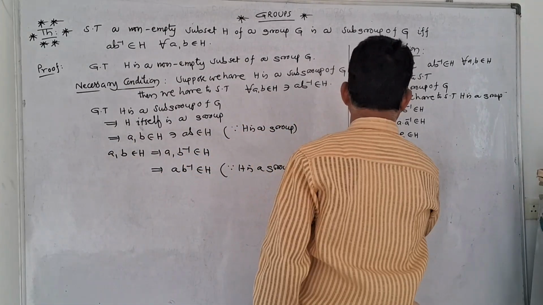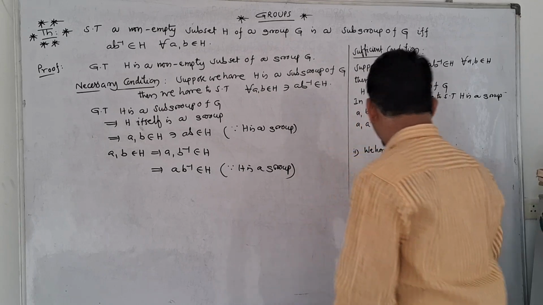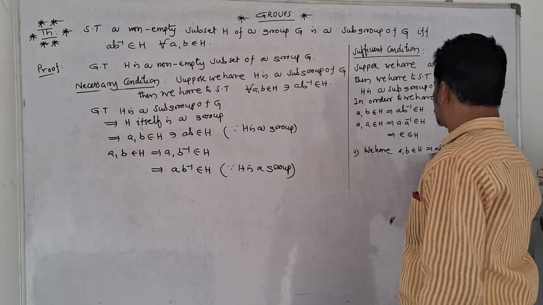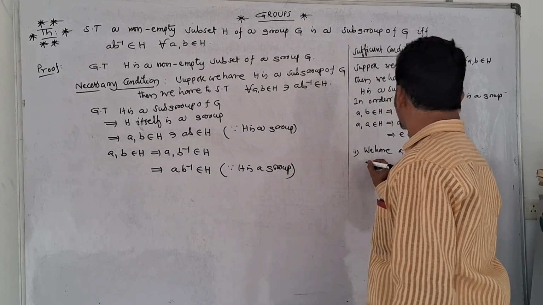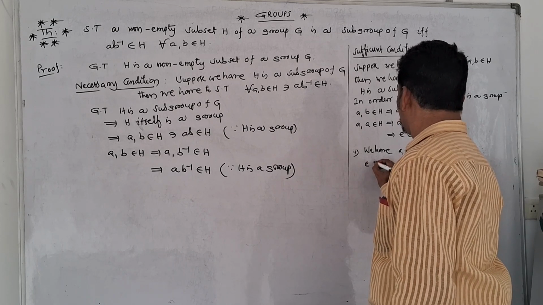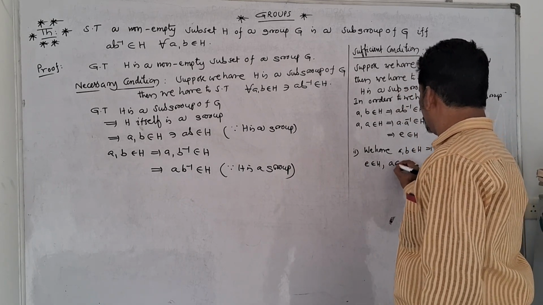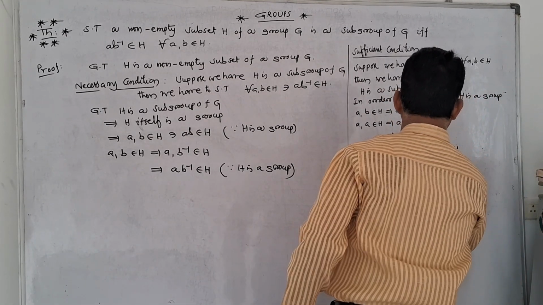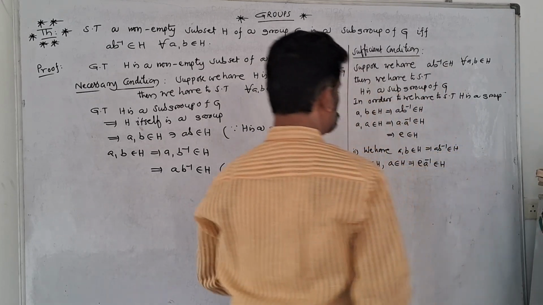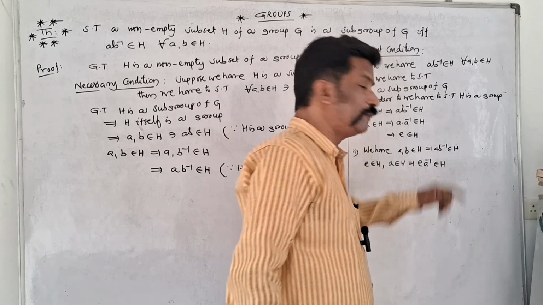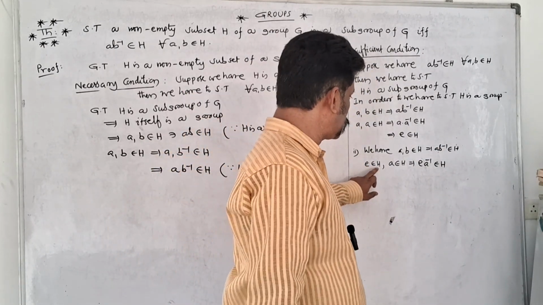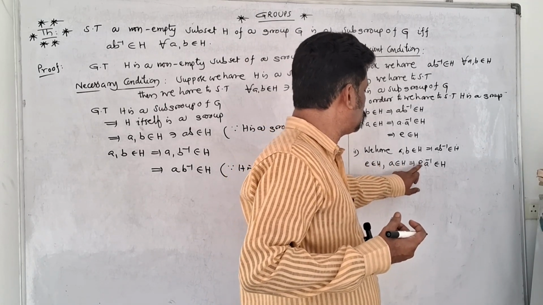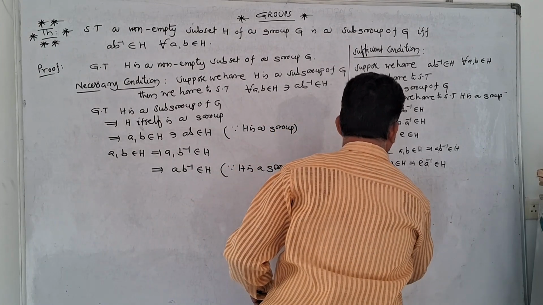We have a, b belongs to H, which implies a b inverse belongs to H. Now e belongs to H, a belongs to H, which implies e into a inverse belongs to H. Understood? Here I consider a equal to e and b equal to a.